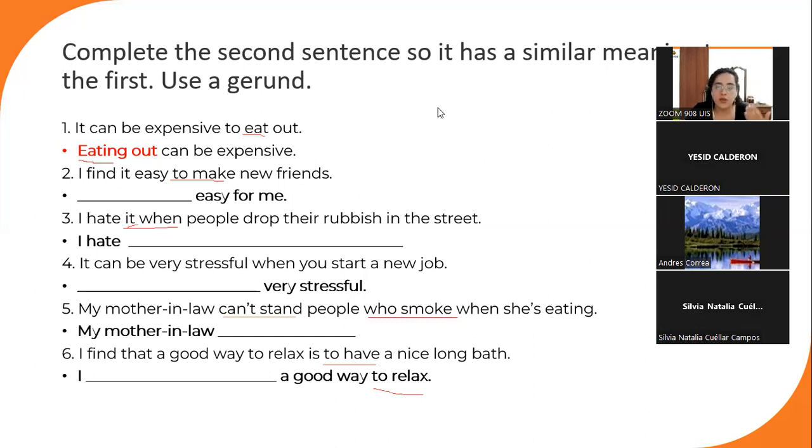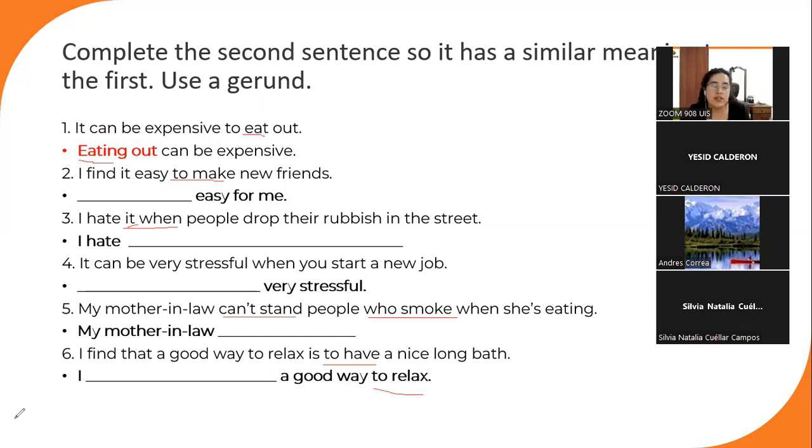¿Cuándo es muy común el uso del gerundio? Cuando hablamos de acciones, por ejemplo, en una lista, o para hablar de algo en general, ¿no? Entonces, visitar a nuestros padres es bueno. Visiting our parents is good. ¿Ok?